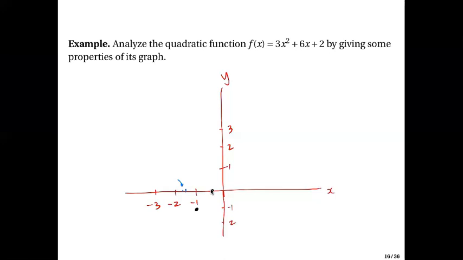Which means we put our dot there. And therefore, we can now start sketching the graph. On this side, we have something like this. On the other side, we have something like this.